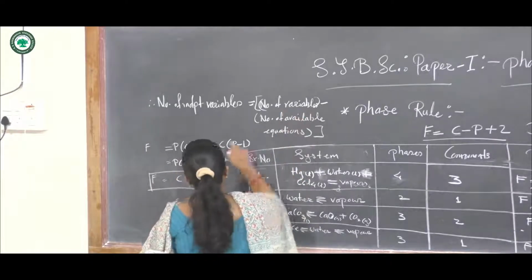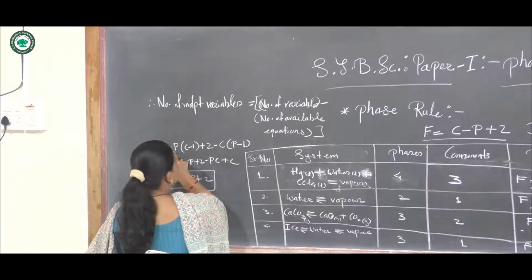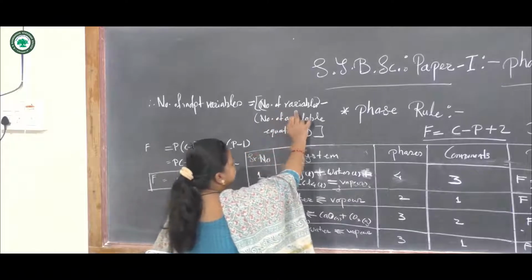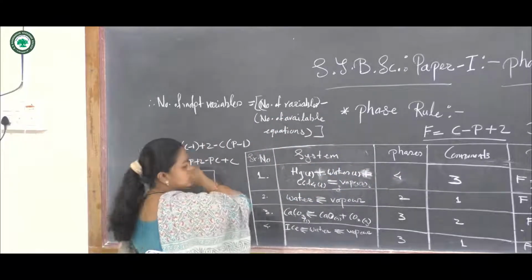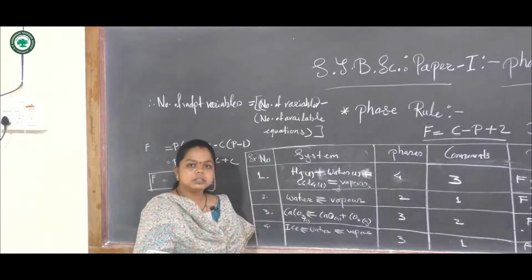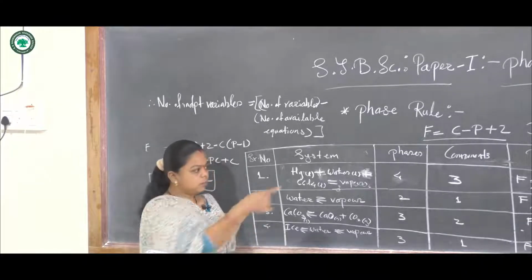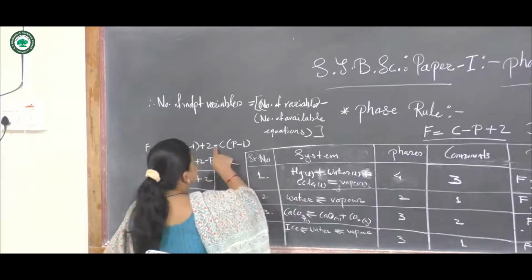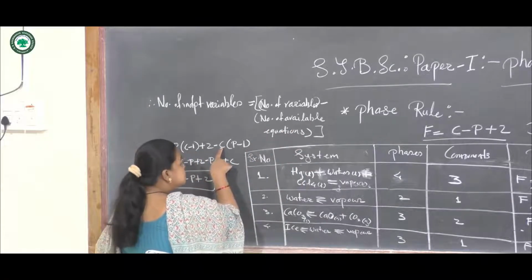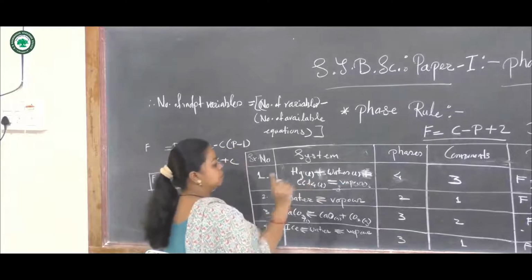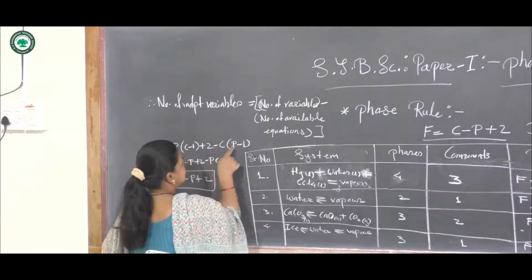So we can write F equals to the variables we are getting here. From the first equation we get P into C minus 1 plus 2. These are the number of variables we have derived, and the number of available equations we have got is C into P minus 1. So minus C into P minus 1.